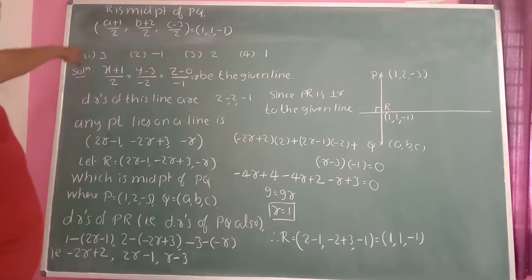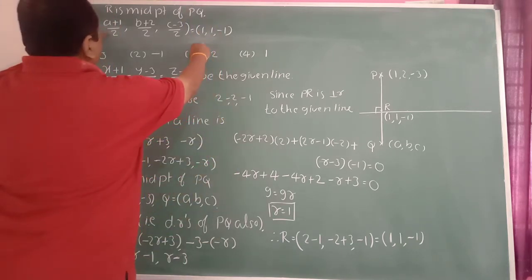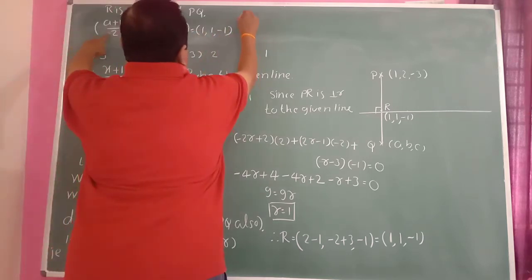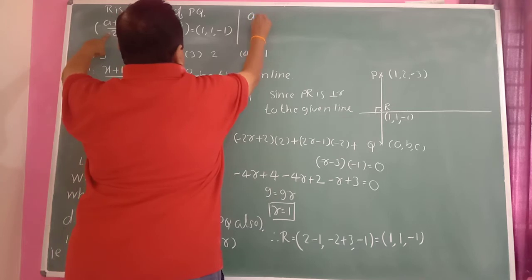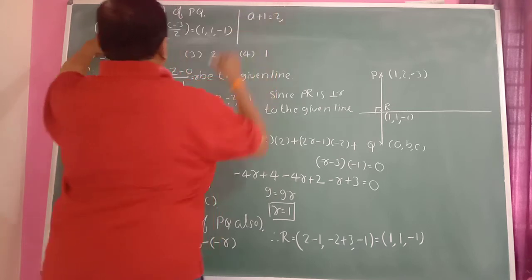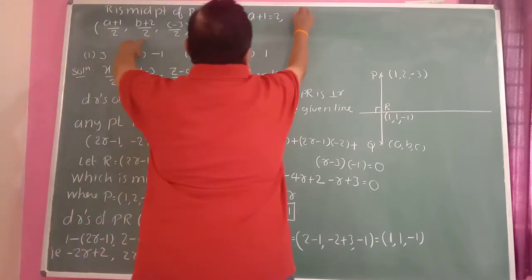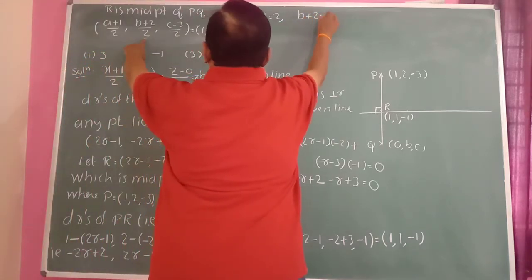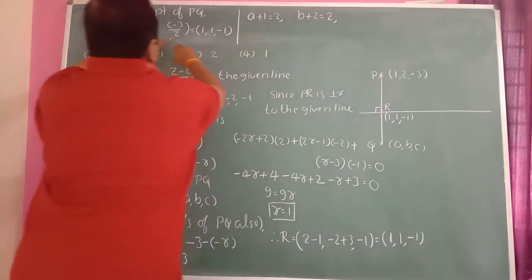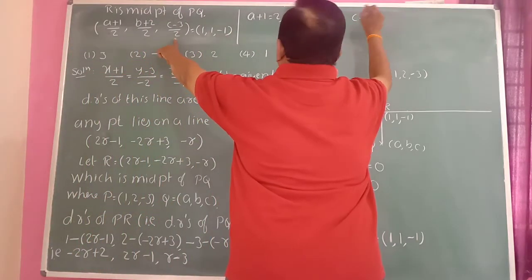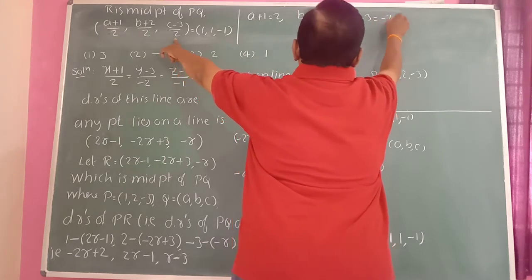So (a plus 1) upon 2 is equal to 1, therefore a plus 1 is equal to 2. Then b plus 2 is equal to 2. And c minus 3 is equal to minus 2.